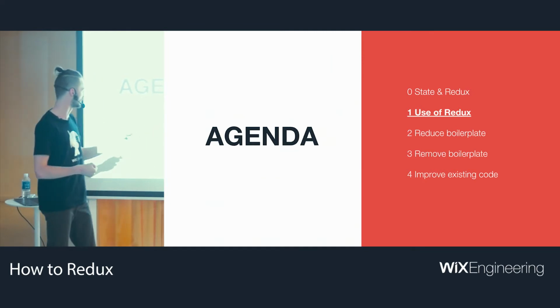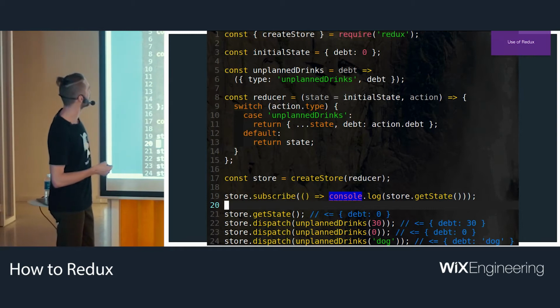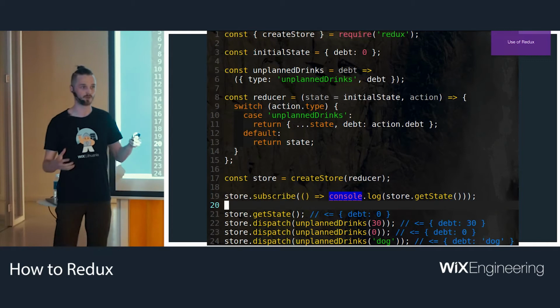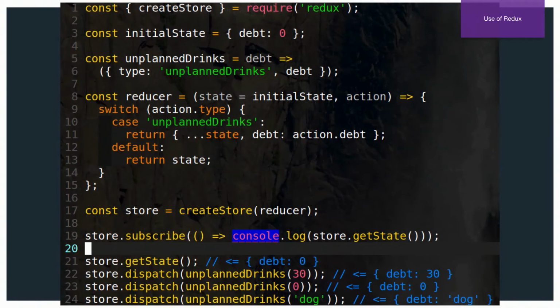Let's see how to use Redux, and my clicker should actually point here. This is just a typical code example of how Redux is usually written out. Nothing really fancy going on. Pretty much the same things that I mentioned before. First, you create the store. So you import a function from Redux, and you have all the magic. Then the initial state or the model, whatever you call it, and I initialize it with 0.